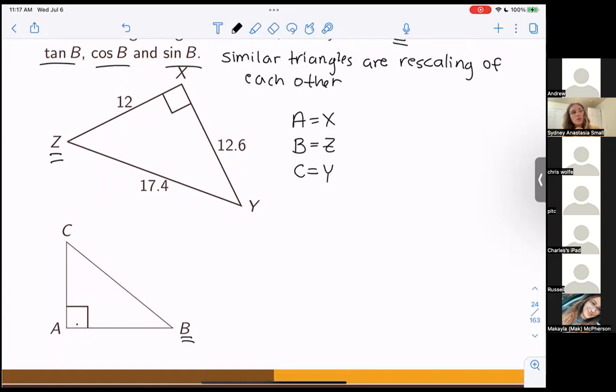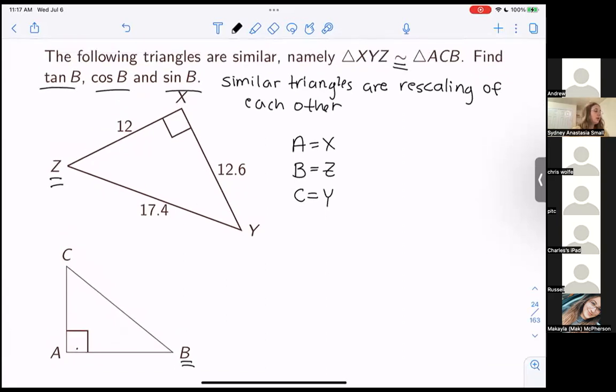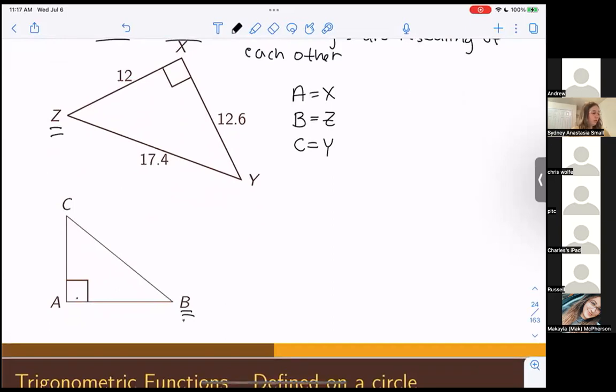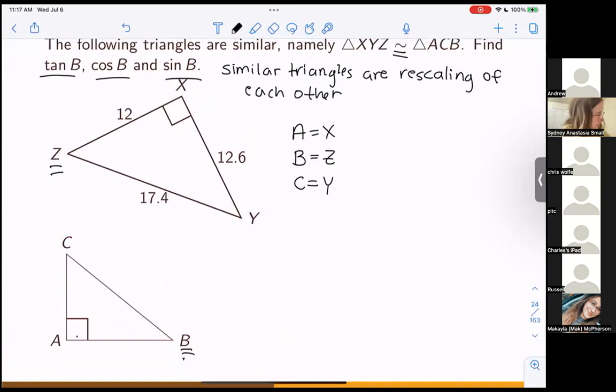We just care that the ratios are staying the same, which is why all we need is a similar triangle in order to calculate the information about this guy. In other words, we know that the sine of angle Z, because B is equal to Z, will be equal to the sine of B. And the cosine of Z will be equal to the cosine of B, etc.